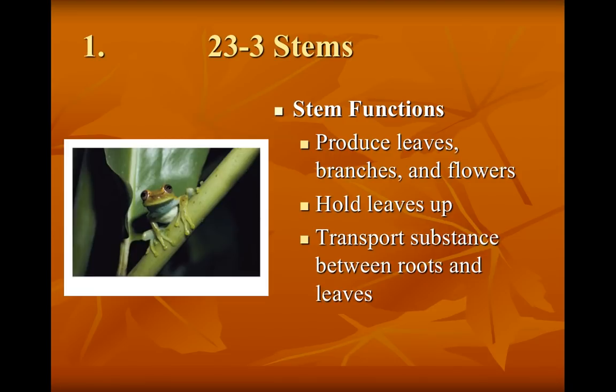In the case of the products that are made in photosynthesis, those products like glucose are needed by all the cells of the plants, including the cells in the roots. Roots can't photosynthesize. They rely very much on the leaf cells to make food for them. So stems allow those substances made by photosynthesis to go down to the roots and feed those cells.